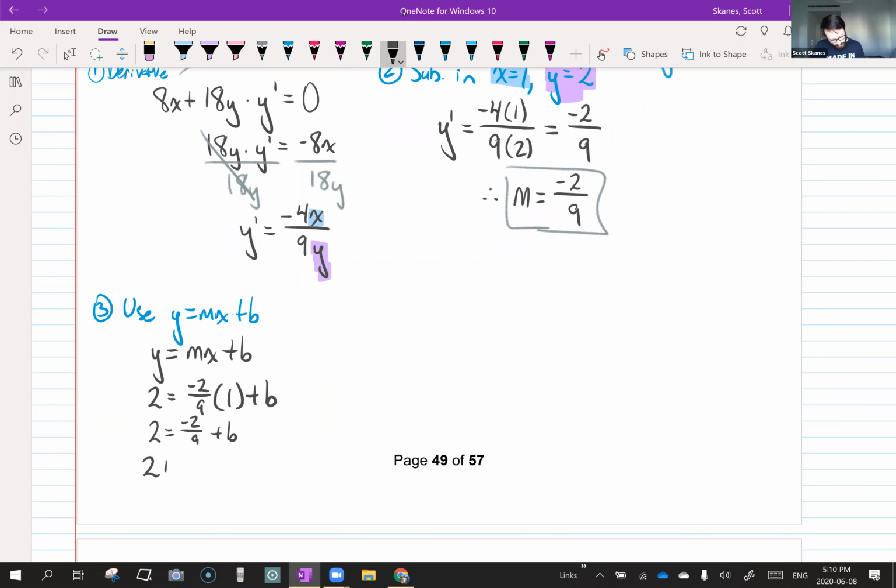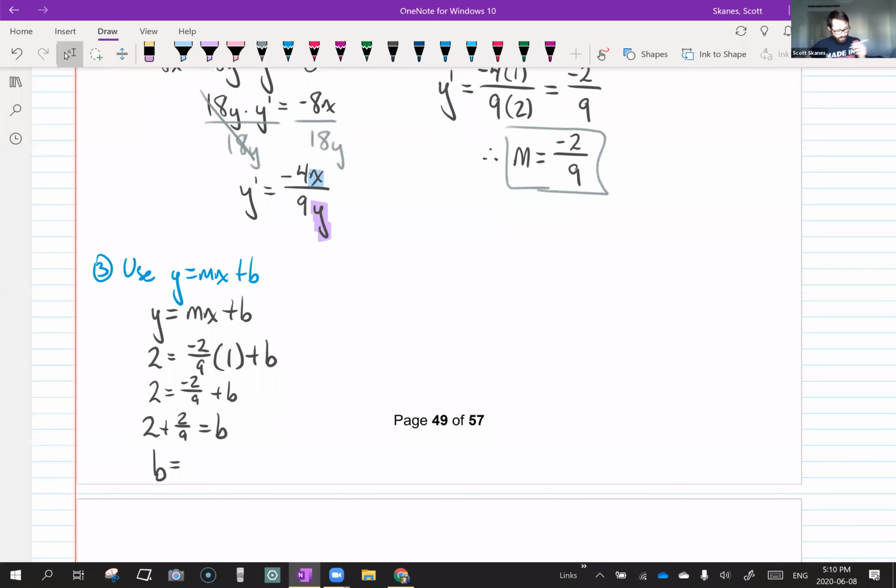Bring it to the other side. That's the same as 9 over 9 plus 2 over 9. Sorry, 18 over 18 plus 2 over 18, 20 over 9. You can just put it in our calculator.